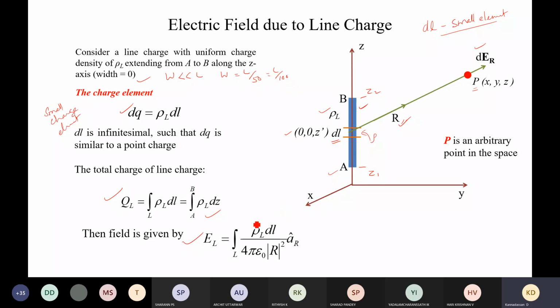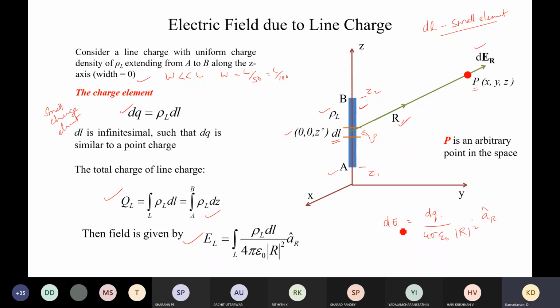So we can say that this dE is, according to Coulomb's law, where we have to accommodate only the source charge, dq by 4 pi epsilon naught r square into the unit vector AR.